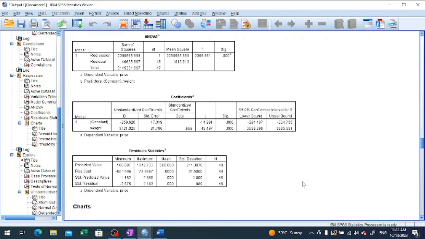So what does the slope measure? Slope measures the possible minimum and possible maximum change or increase due to a unit increase or change in the independent variable. The independent variable is weight, expressed in carat here.